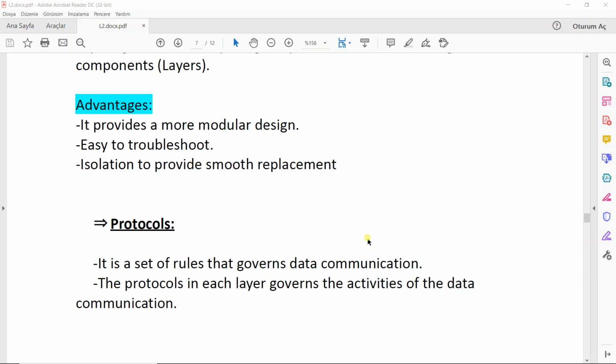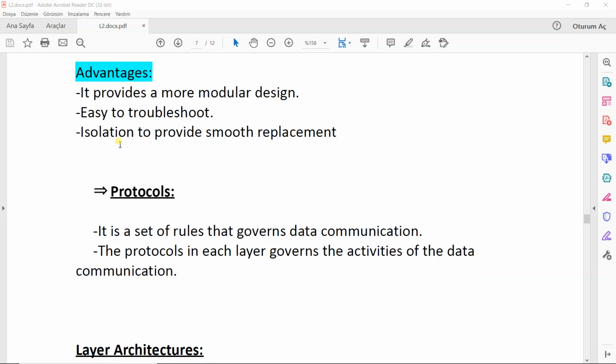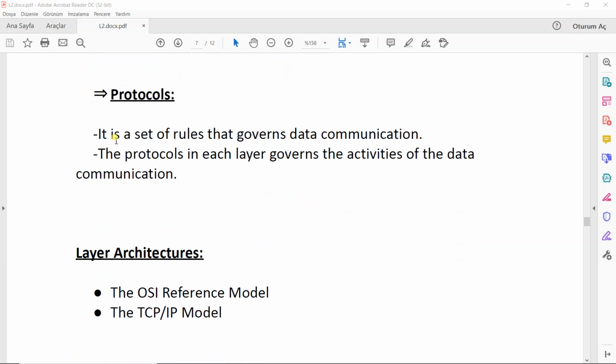The core is the same, but if you want to add something, it's just about functions, and it integrates seamlessly with the database and the whole system. Two, it's easy to troubleshoot. If any problem happens, you can easily identify it, locate it, and find a solution around it. Three, it provides isolation in order to enable a smooth replacement of components and other functionalities within your stack layer.